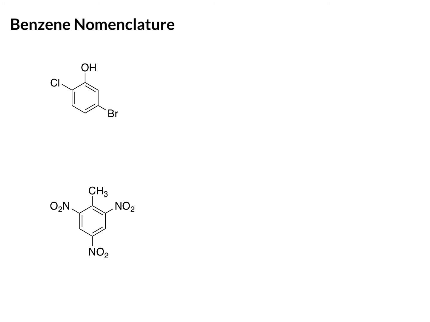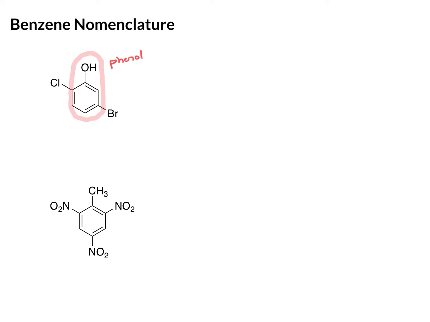In our next example, what you want to recognize is the OH on the ring gives us a common derivative as the parent. This is phenol. Now, if you didn't have that as the parent, the way you would want to number this would be starting 1, 2, 3, and 4 would be your lowest substituent numbering.